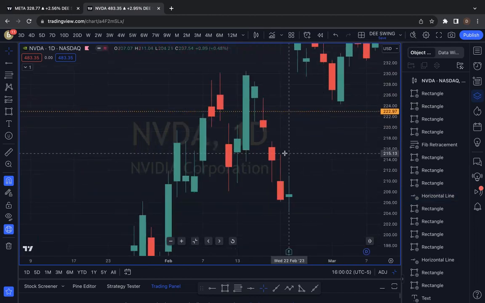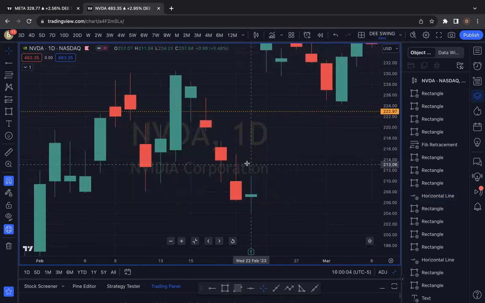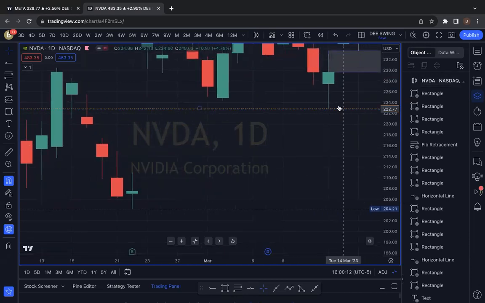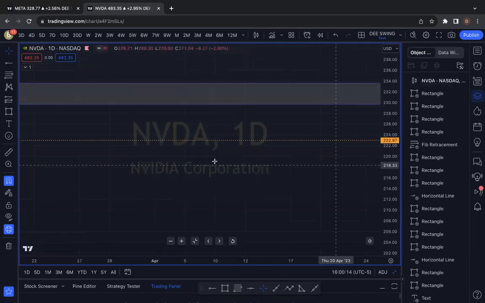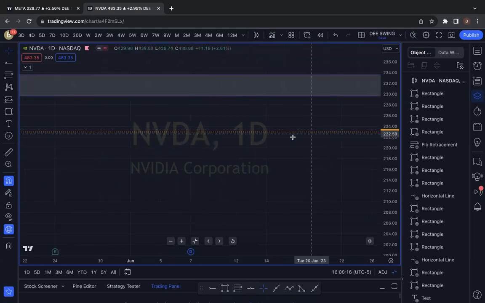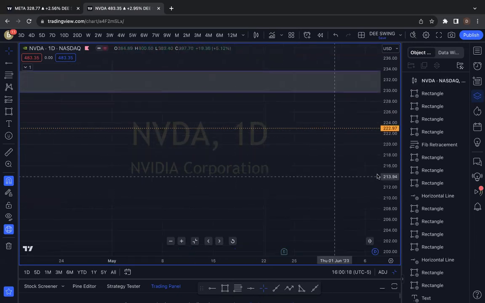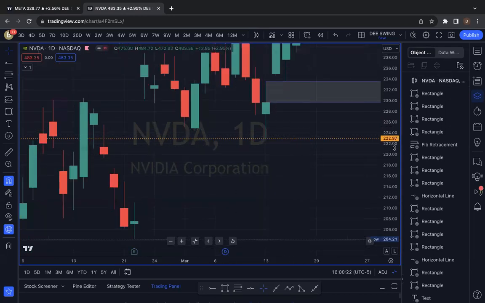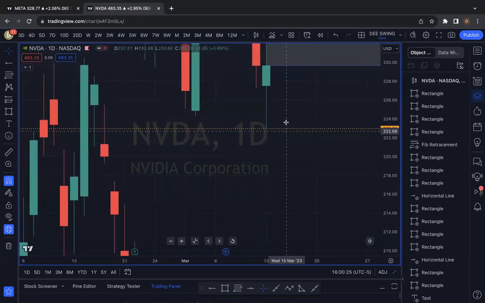So if we are looking at this one, we obviously know it gapped up. Sometimes that previous low can be very, very far away, where you don't have the time to scroll all the way over there. That's why using this line gives you an accurate previous low that you're going to use.